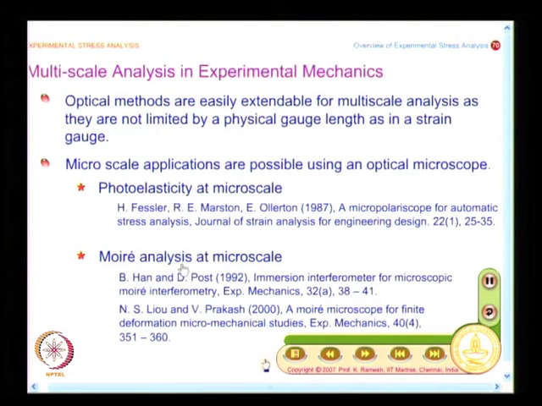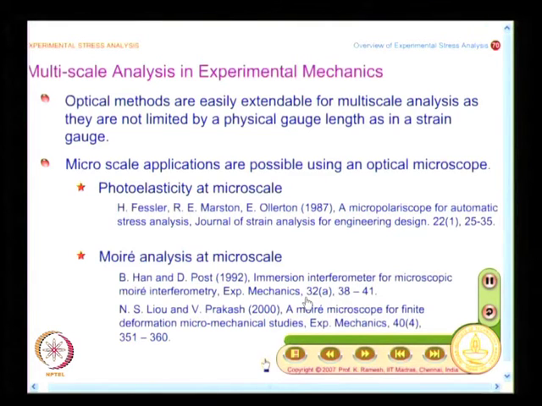So, Moire analysis at microscale, you have Han and Post in 1992, and they have come out with an immersion interferometer for microscopic Moire interferometry. This has been published in Experimental Mechanics, write it as EM, that is good enough. So, you could just write the author, year, journal and the page reference.